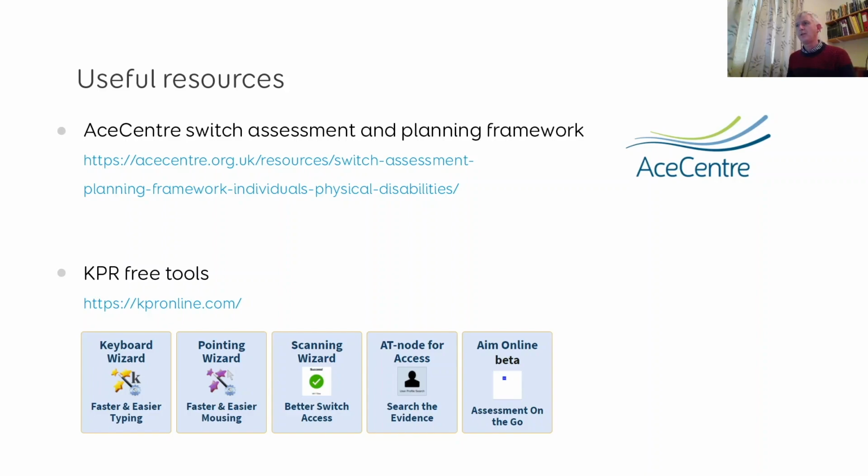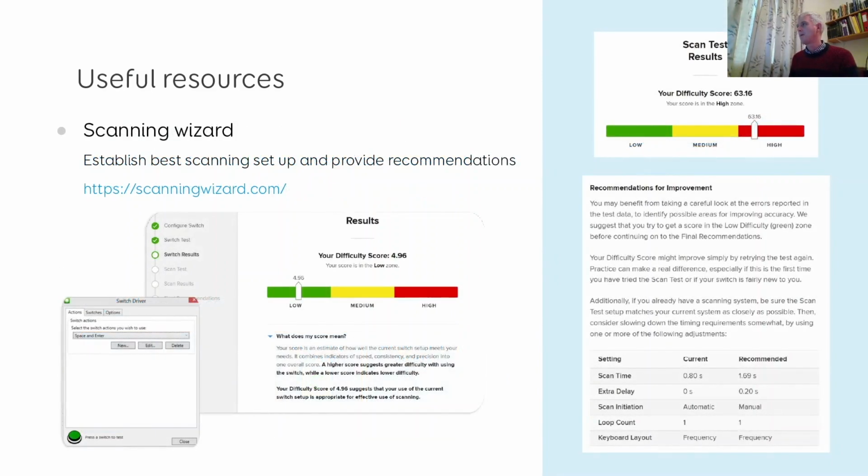The other thing that is worth a look is something called a scanning wizard. I'm only going to throw up a screenshot of that for you. So this is what Scanning Wizard looks like. You can find it at scanningwizard.com.